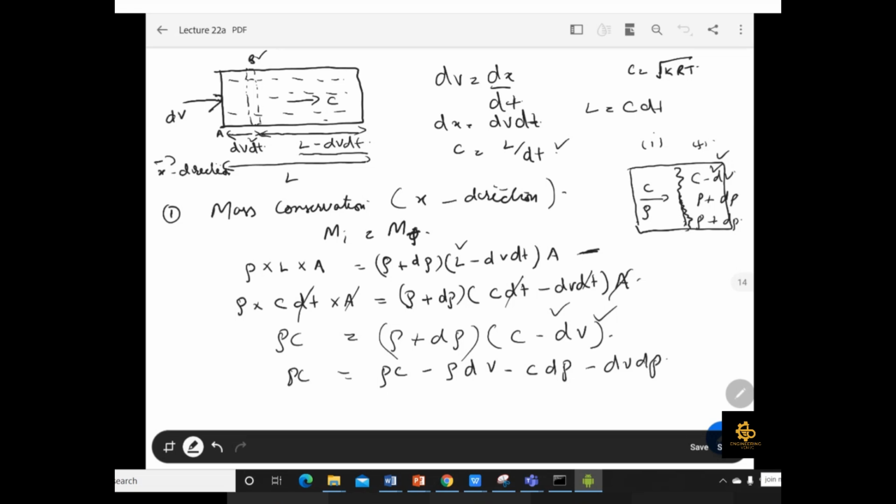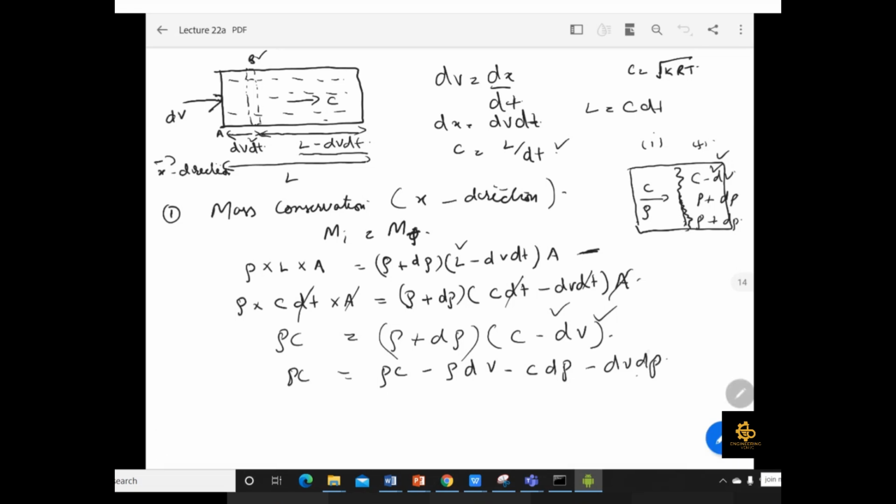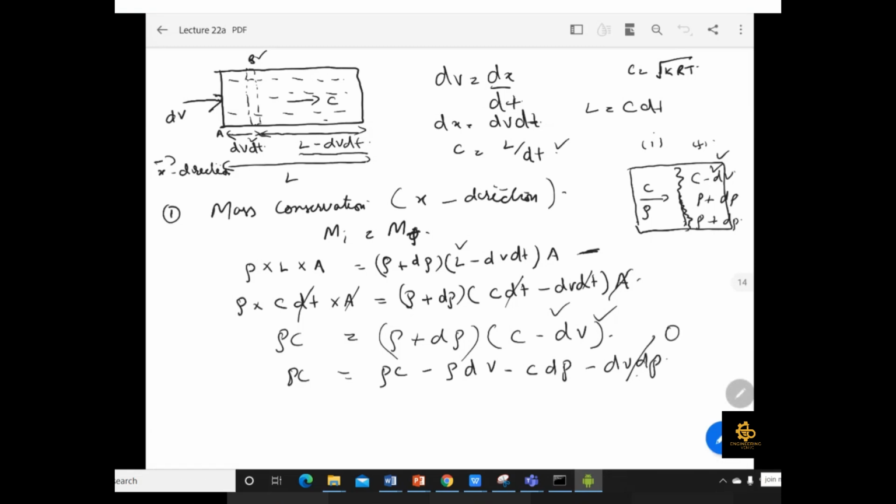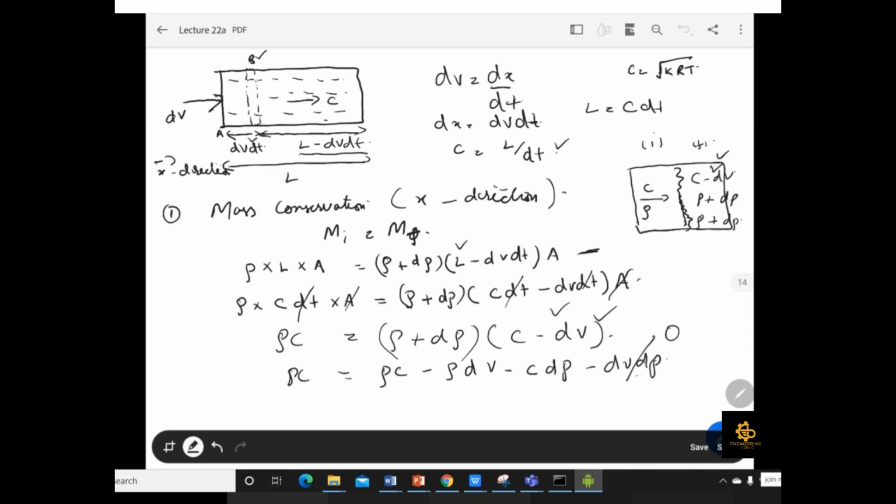Here we can assume that dv times d rho is very small. This is one assumption, because if dv is small, d rho is also small, and if two small things multiply together, another small figure comes. So that's why we can eliminate it and assume that it is approximately equal to 0.